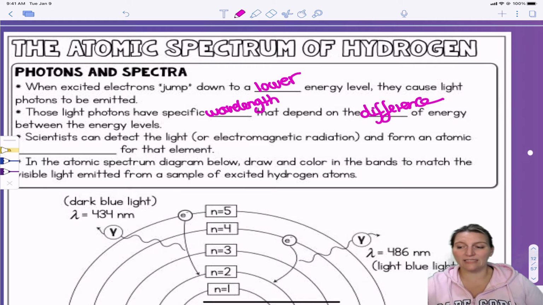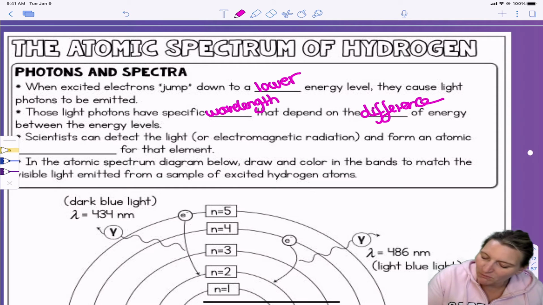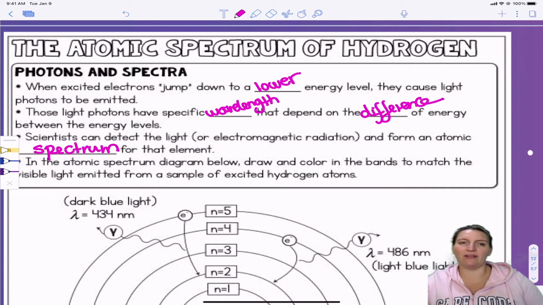And scientists can detect this light, fancy name electromagnetic radiation, and form what we call the atomic spectrum of the element. That's the picture with the very specific lines, that's the line emission spectrum or atomic emission spectrum. That's unique to every element. Every element has a unique atomic emission spectra.